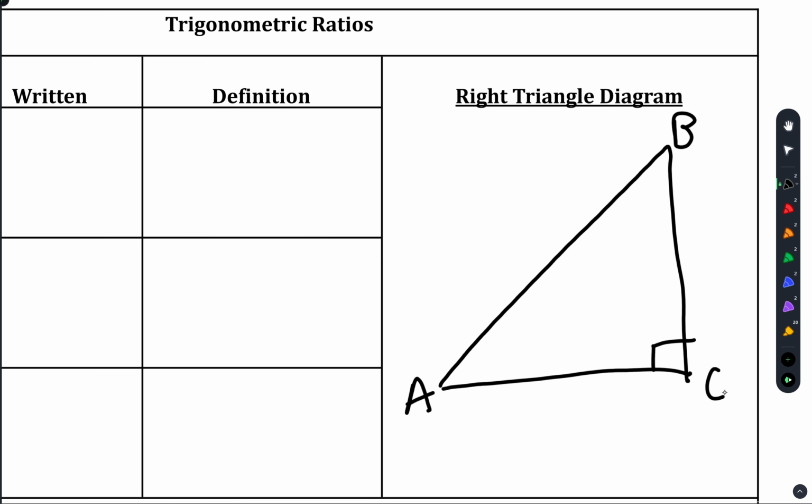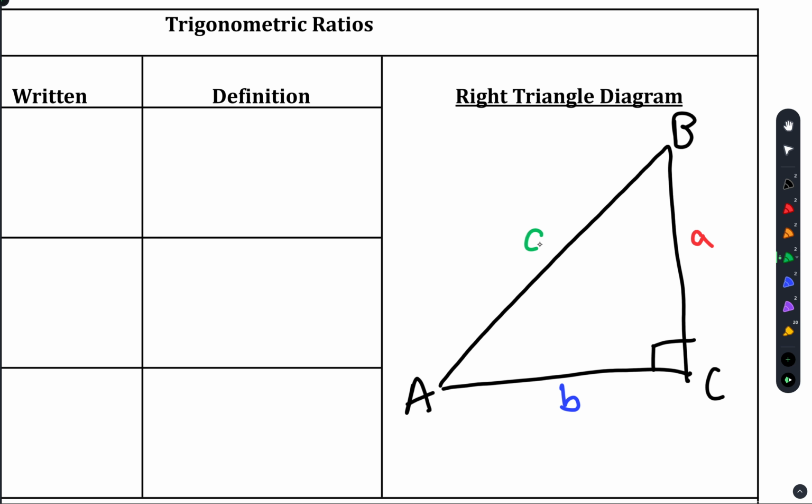Then, also in geometry, we use lowercase letters, usually, to represent side lengths. So across from that angle, big A, is little a, the side. Across from the angle big B is little b, the side length. And then across from the angle C is little c, for side length.